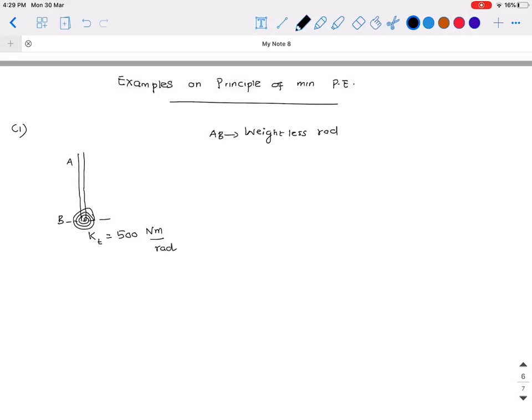The stiffness of the torsional spring is the amount of moment that is required to produce a unit angular displacement. At A, weight W is attached.